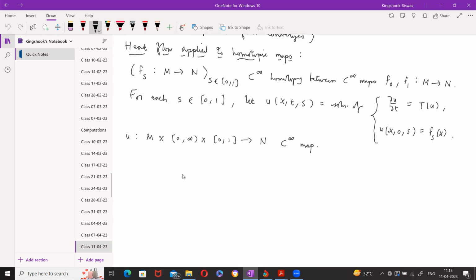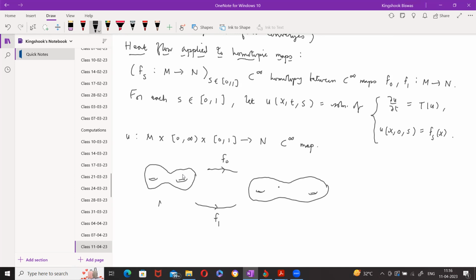So the picture is that suppose you have your maps F naught, F1, and in between you have Fs.